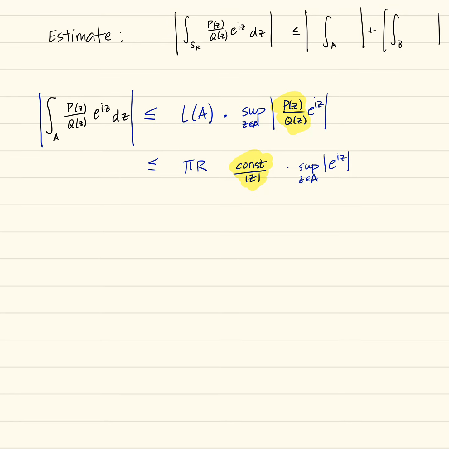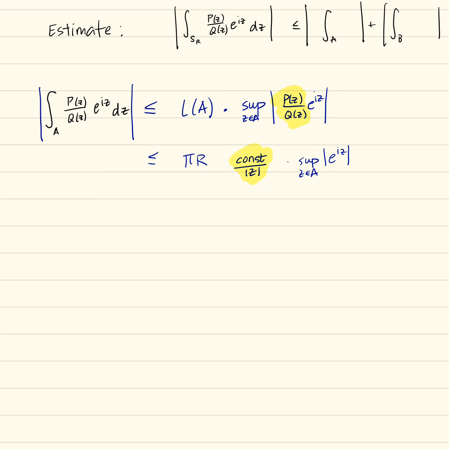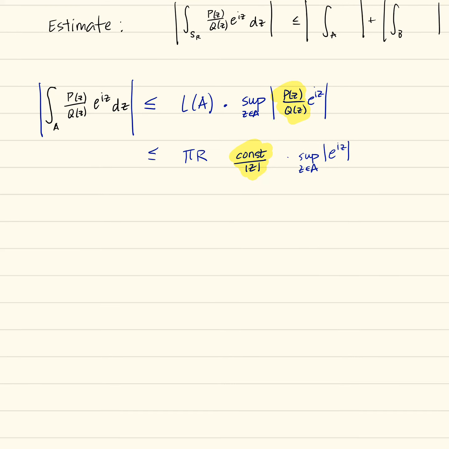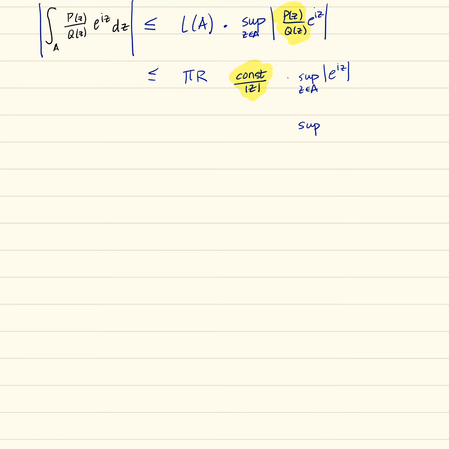But remember, we said that the sup of e^(iz), so let's see here, maybe I can go off to the side here. Okay, so remember, if we have e^(iz), what's the modulus of it? e^(i(x+iy)), right? Which is going to give us e^(-y+ix), okay? And then we'll just get e^(-y), right?